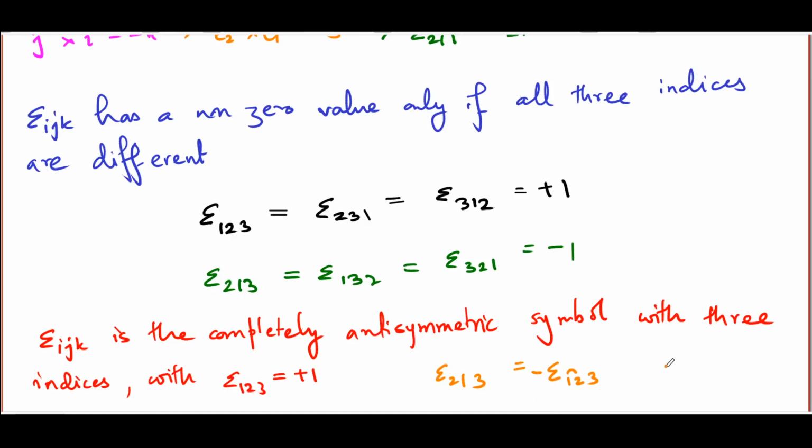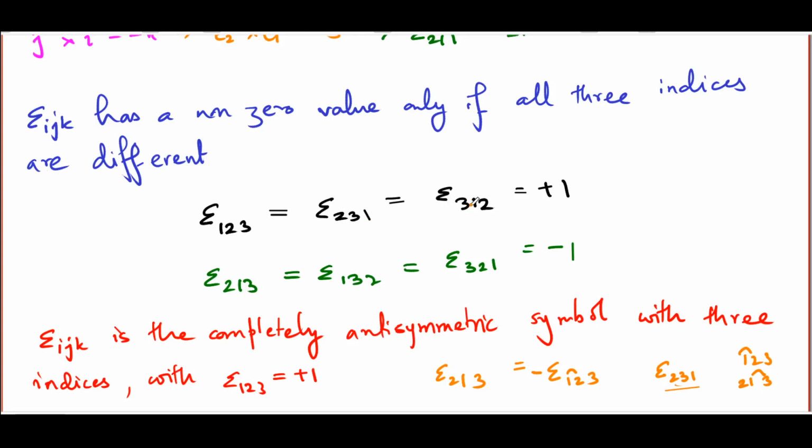On the other hand, epsilon 2 3 1, if you want to get there from 1 2 3, you can interchange these two, but that will give you 2 1 3. Then you have to interchange 1 3 again to get 2 3 1. And that gives you a pair of minus signs. And of course, multiplying two minus signs gives you a plus. That's why epsilon 2 3 1 is plus.